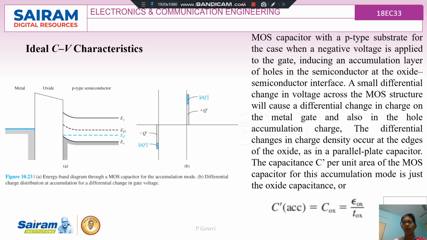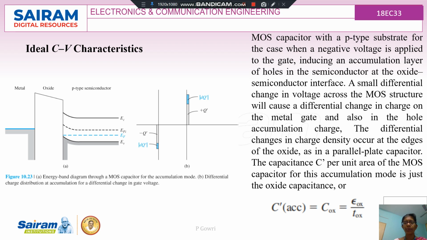Now a small differential change in voltage across the MOS capacitor will cause a differential change in charge on the metal gate and also in the whole accumulation charge. The differential change in charge density occurs at the edges of the oxide, as in the parallel plate capacitor. So the change in the capacitance will be equivalent to the change in the voltage which is applied. That is, dQ' is the change in the charge carriers due to the applied gate voltage.